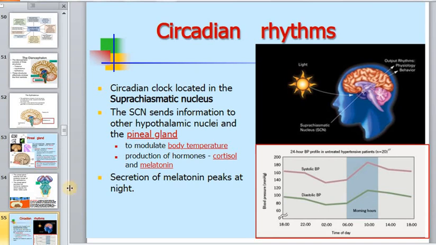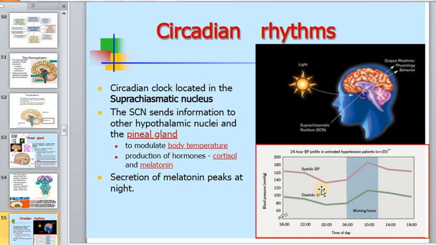And look at this. Here you see the control of the temperature at different times of the day. And here we see this rate graph. The morning hours are a time of maximal activity, replaced by a decrease in temperature, and in night time a decrease in the temperature.